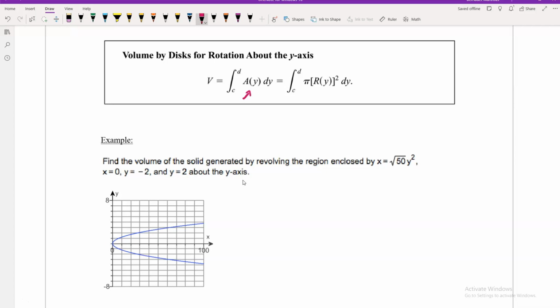Again, this is revolving about the y-axis, not the x-axis, that's why I have r(y). Example: find the volume of the solid generated by revolving the region enclosed by x equal to the square root of 50 times y squared, x equal to 0, y equal to negative 2, y equal to 2 about the y-axis.